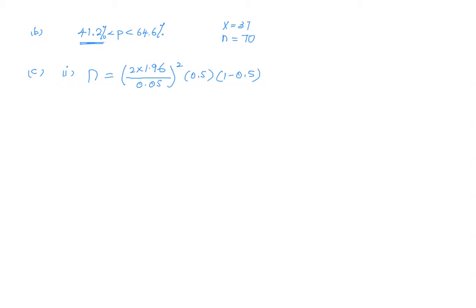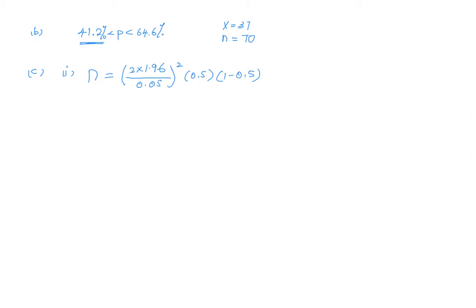Because in this situation, you don't know the population proportion. Yeah, you don't know the population proportion, and you don't want to use one sample proportion to estimate. So you try to get as big a sample size as possible, and with the 0.5, that will give you the highest sample size.